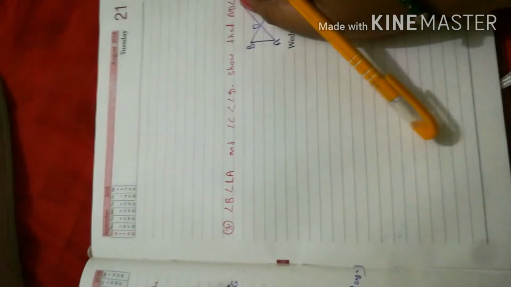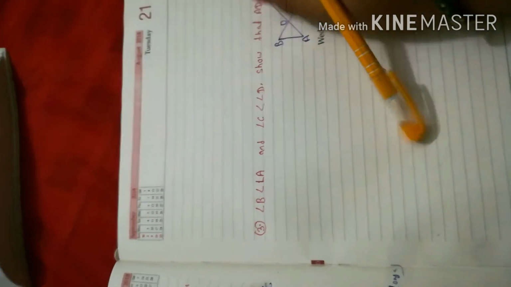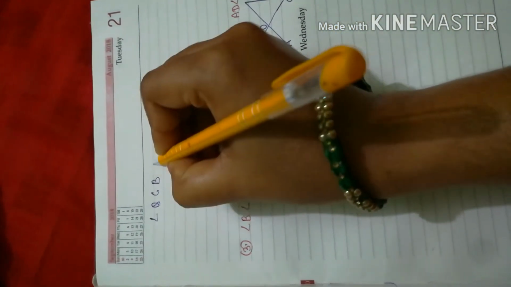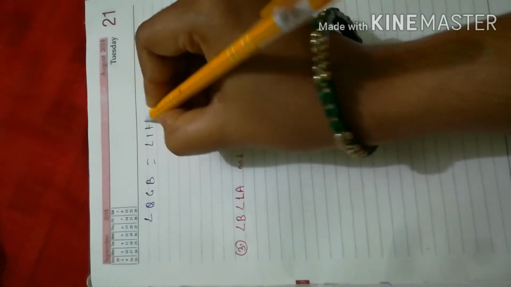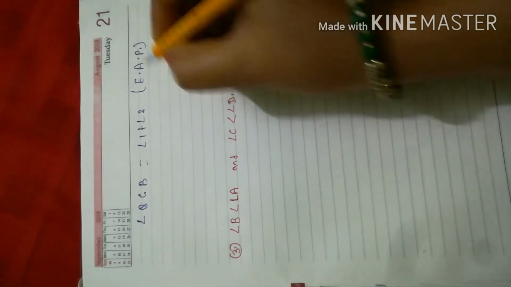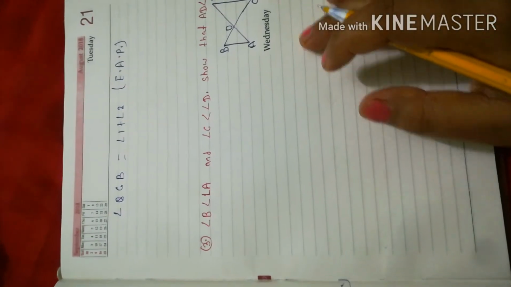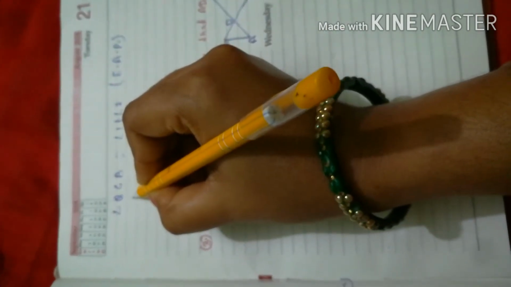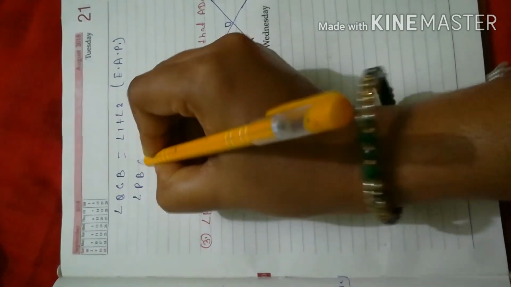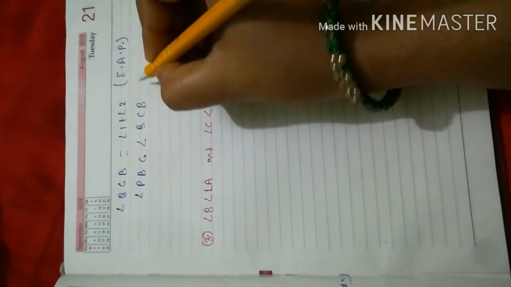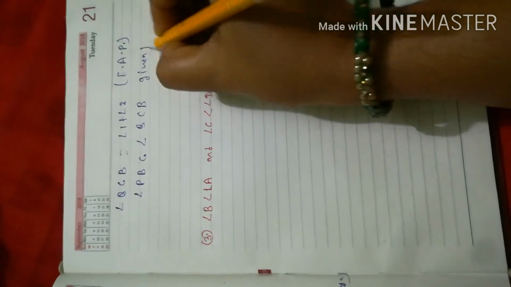Now we can write angle QCB equal to angle 1 plus angle 2, exterior angle property. Now we can write angle PBC is less than angle QCB, it is given.